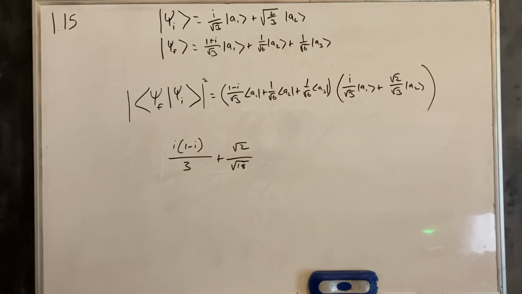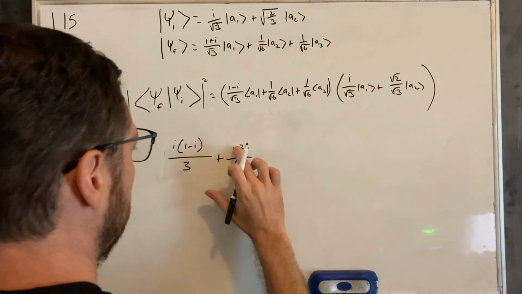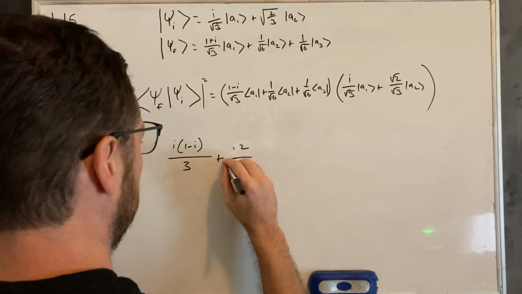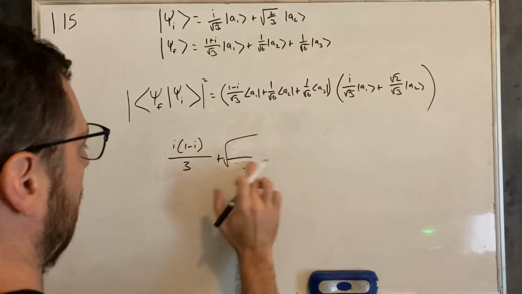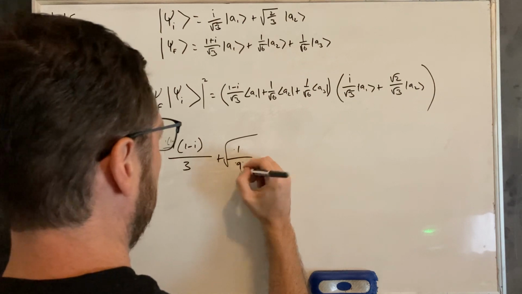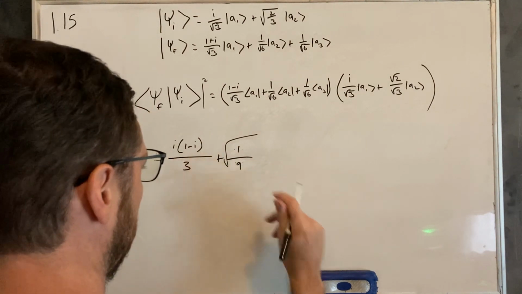So is there an easier way to do this? Let's see. So if we did this, this would be square root of 1 over 9, right? And that would be just 1/3.